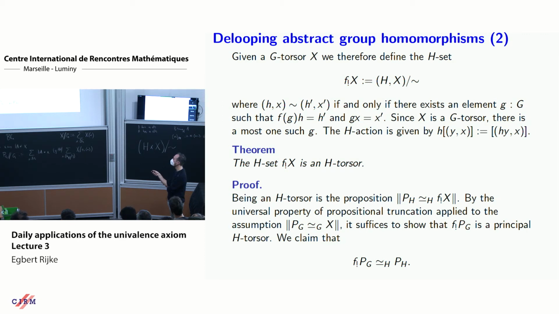And there's a natural H action. You just act on the left-hand side of this Cartesian product. And then the theorem says that this is an H torsor. Well, first you observe that being an H torsor is a proposition, namely to be in the same connected component as the principal bundle.